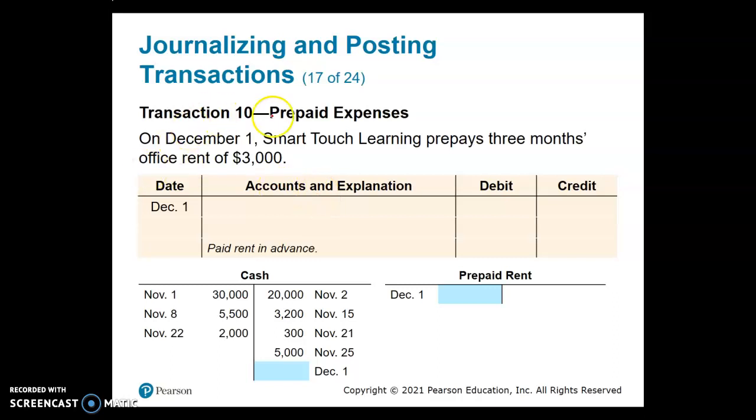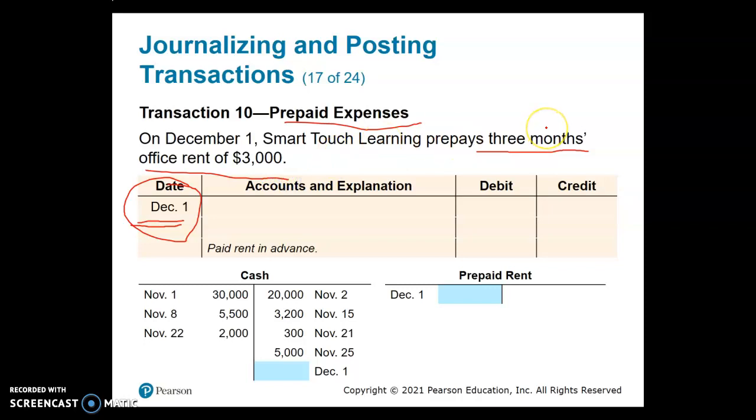Now transaction number 10, prepaid expenses, December the 1st. The dates have been given to you and entered into the journal for you. In your homework, there are a lot of them where you have to put the date in. So Smart Touch Learning prepays 3 months of office rent.